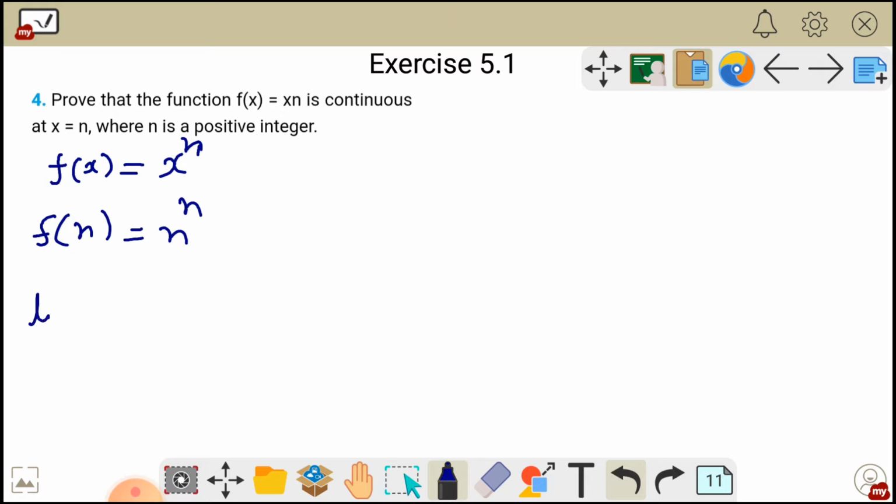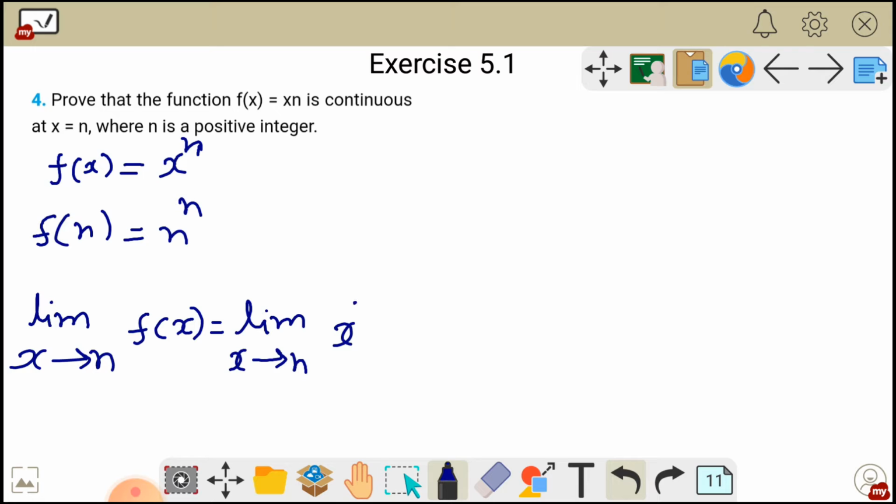So, limit x tends to n f of x is equal to limit x tends to n x raised to the power n. Now, it is equal to n raised to the power n.